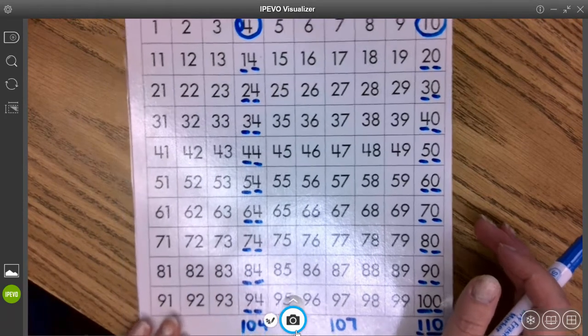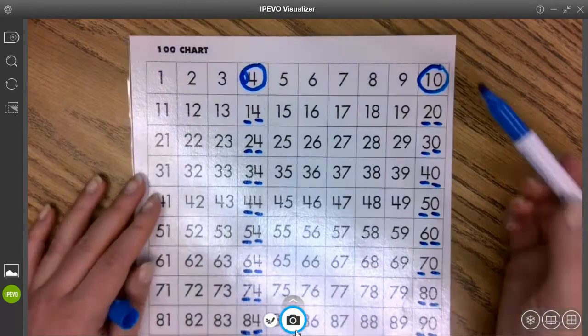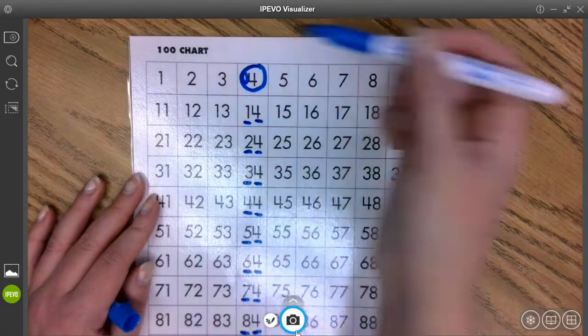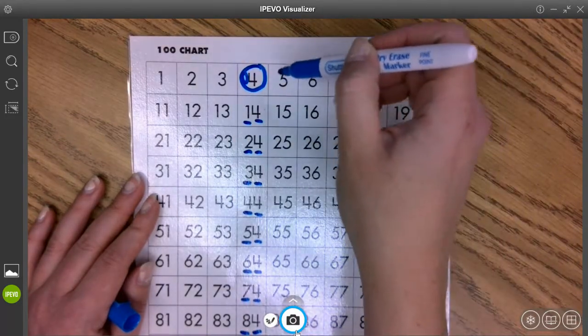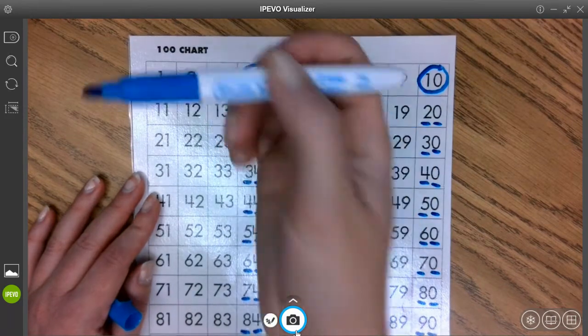Okay, now if you're counting by tens backwards, getting smaller, you just move up instead of down. Just like if we were counting backwards from 10, we would move to the left instead of the right. 10, 9, 8, 7, 6, 5, 4, 3, 2, 1.